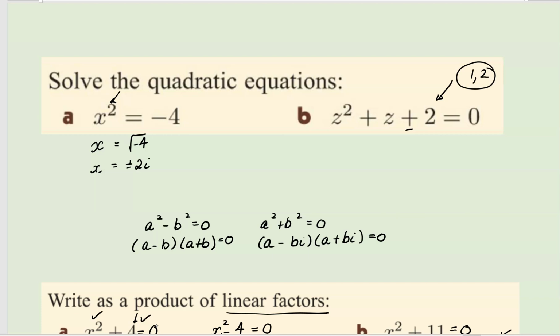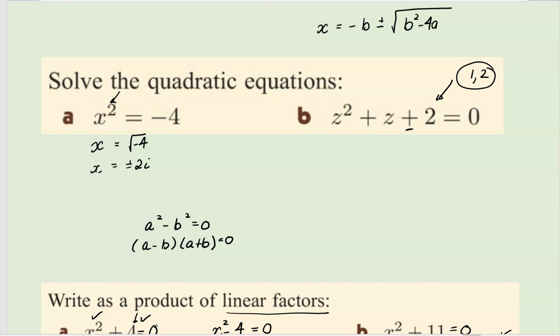So then when you can't factorize something, we bring in the big guns of the quad formula. Hopefully most of you remember your quad formula. Minus b plus or minus the square root of b squared minus 4ac, and finish it off over 2a.